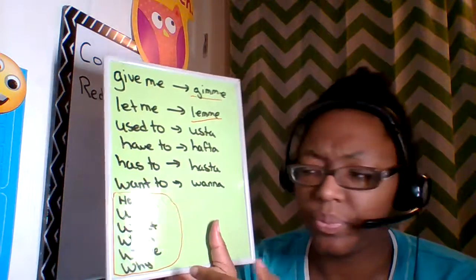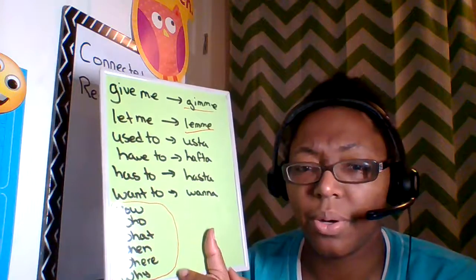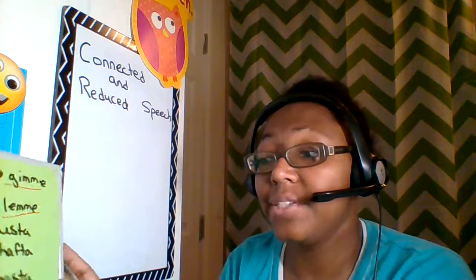Where'd he go? And why did he go? As you can see, this reduced speech cuts down our speaking time, giving more time to talk, and it's more of a natural way that some people speak the English language. It's almost like a shortcut or colloquialism, but more so just reducing the speech patterns.